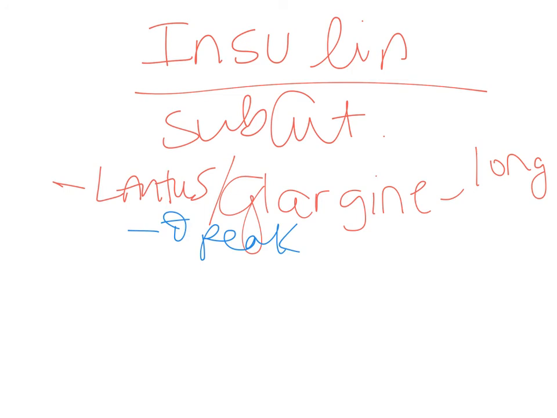So it provides a type 1 diabetic patient with a basal supply of insulin. Another insulin that you might see is an aspart insulin or a Lispro insulin. Lispro is short-acting.